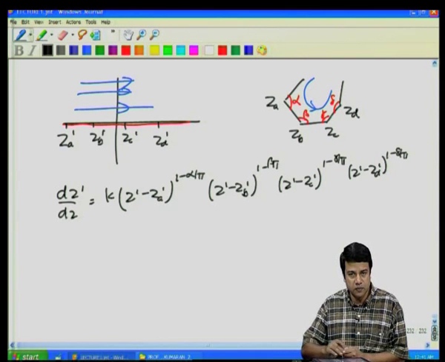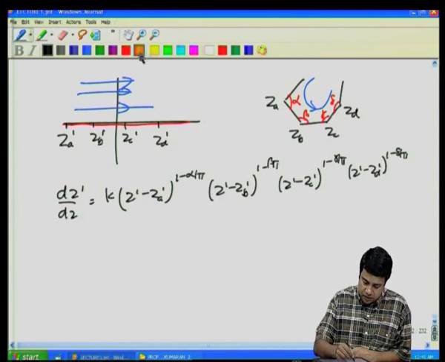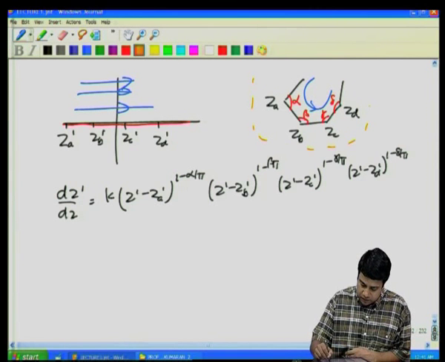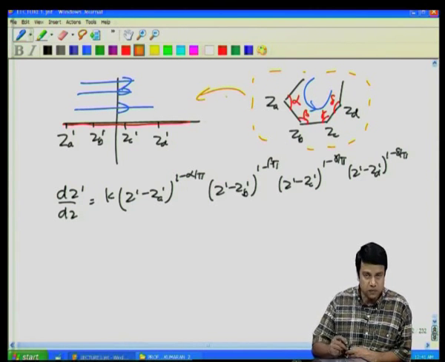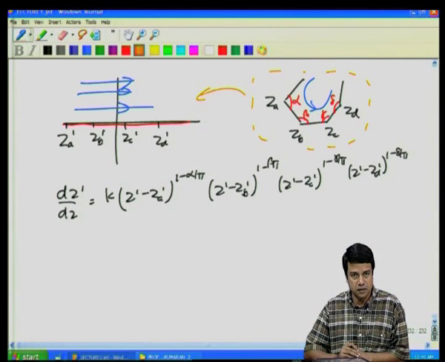You can have more and more corners. All you need to do is put this transformation in, and this very complex flow transforms into a linear flow past a flat surface. So, this is a big advantage.